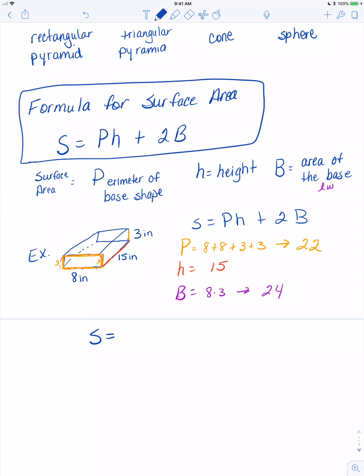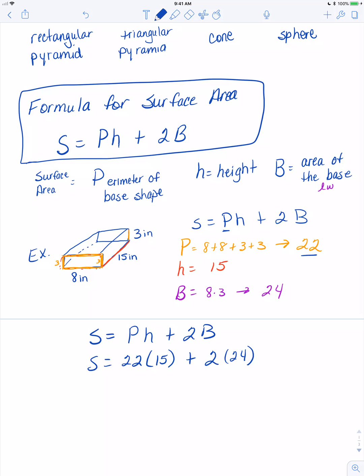So S is capital P, which we said was 22. Let me just rewrite the formula. 22 times H, which we decided was 15, plus 2 times the area of the base, which was 24. Okay, so now, and yes, you are welcome to use calculators on some of this.